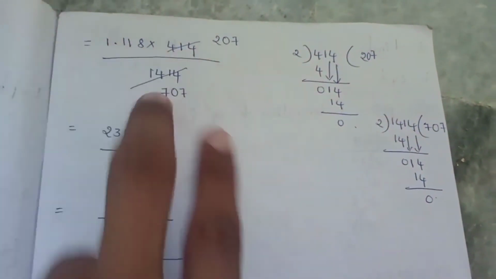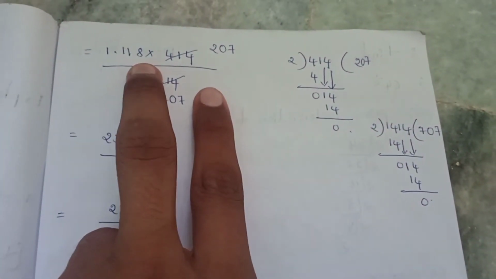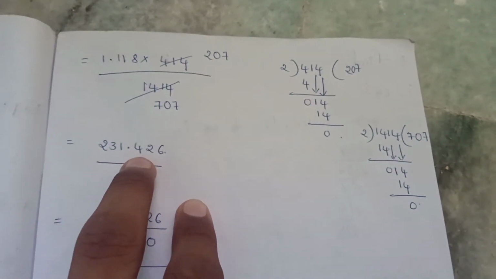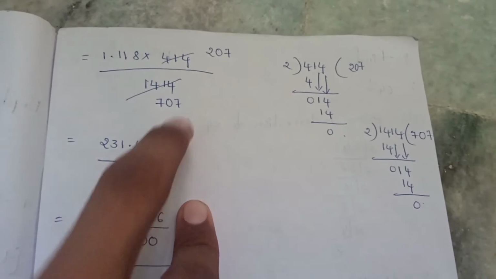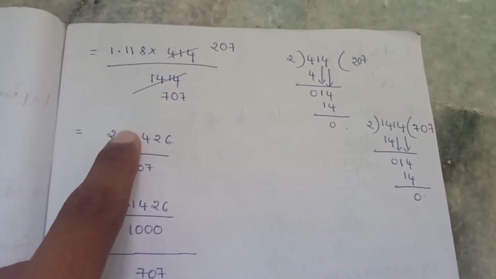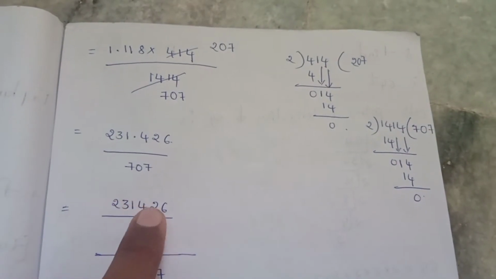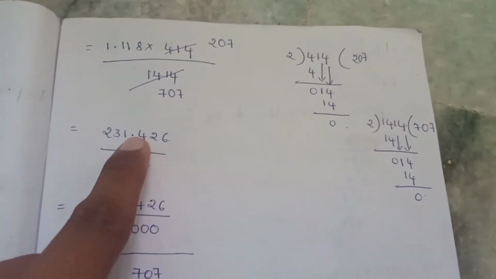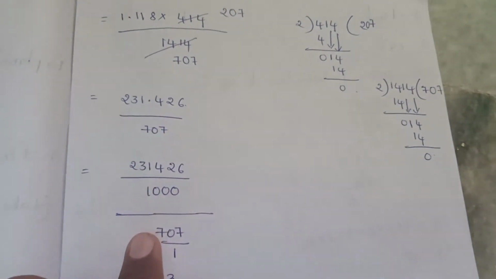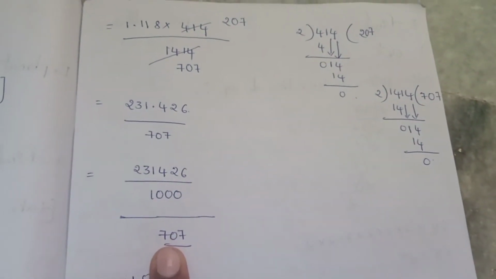If we multiply 1.118 into 207, we get 231.426 by 707. How can we write this in p by q form? 231426, after the point how many numbers are there? 3 numbers, so 3 zeros: 231426 by 1000 by 707.